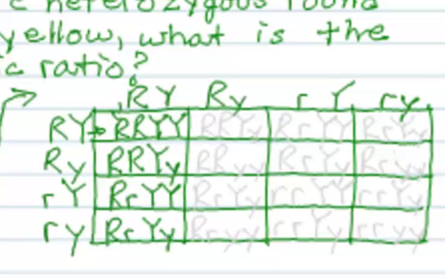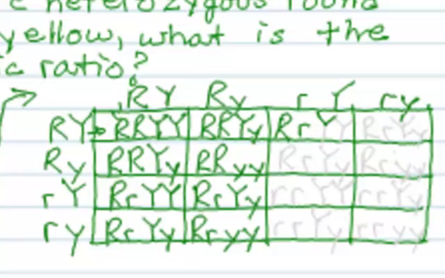Now we do the next column, big R, big Y, little y. Big R, little y. Big R, big Y, little y. Big R, little y, little y. Third column, remember, capital letter goes first. Big R, big Y. Big R, big Y, little y.